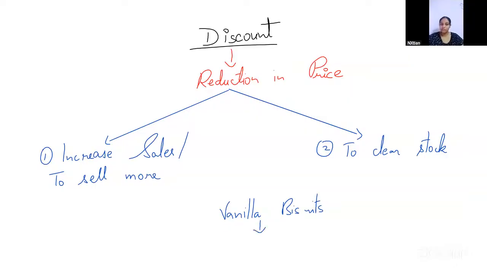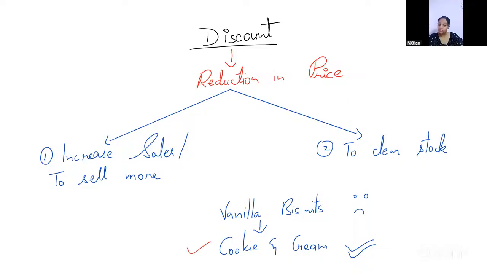After that, they shifted to the next flavor that they made, which was cookie and cream biscuits. What happened is all the people started buying cookie and cream only, and nobody was buying the vanilla biscuits, because people loved this new flavor.